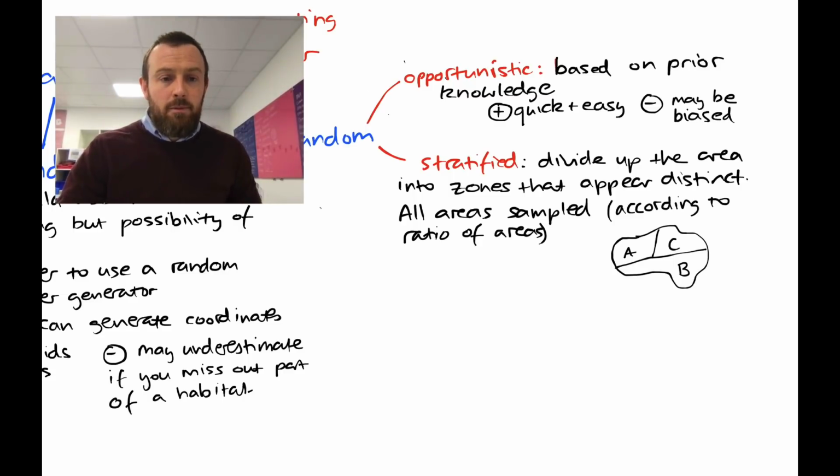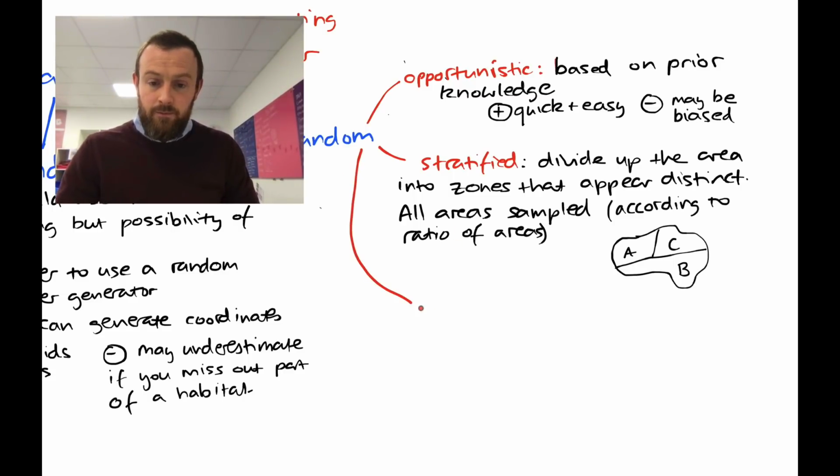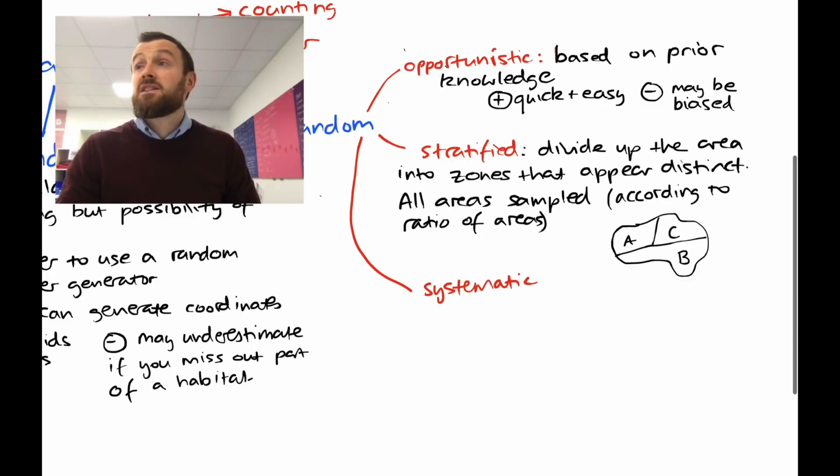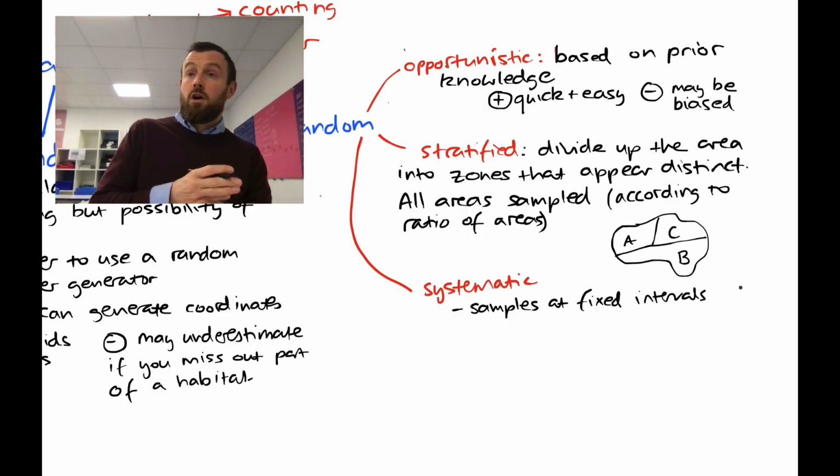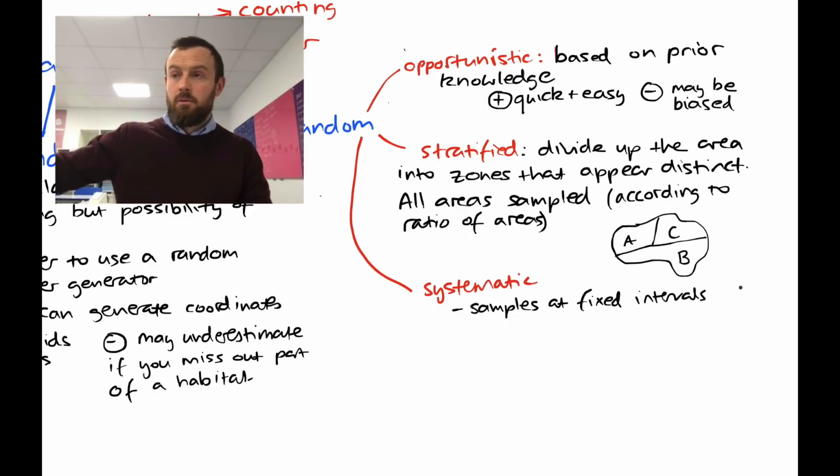All right, the final type of non-random sampling is systematic sampling. And systematic sampling takes samples at fixed intervals. So that's the systematic part. You basically move along systematically, sampling and sampling and sampling.